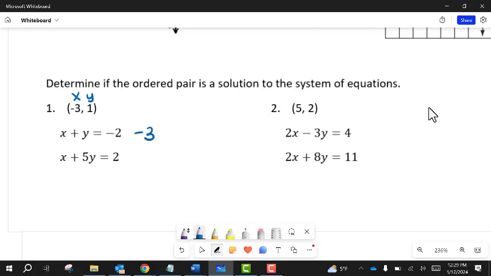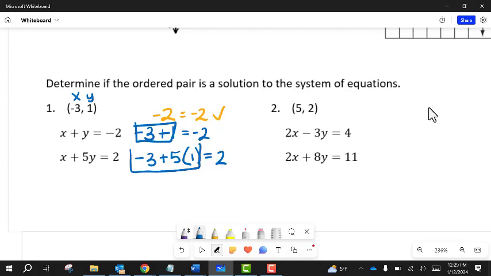I would plug in -3 for x plus 5 times, parenthesis, plug in that y value of 1, equals 2. When I simplify -3 plus 5 times 1, that equals 2. And that does in fact equal what this equation is set equal to. So when we get verification for both of them, we can say that yes, (-3, 1) is a solution for that system of equations.